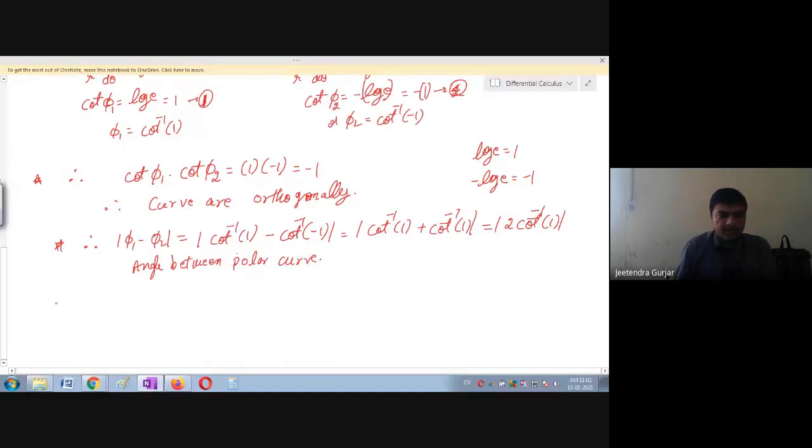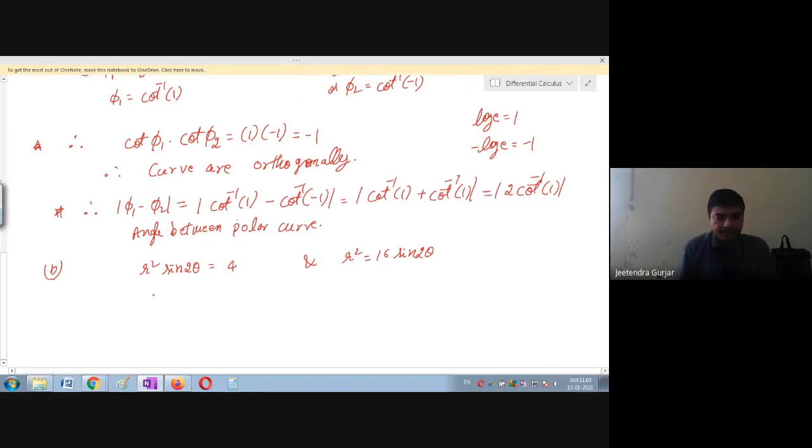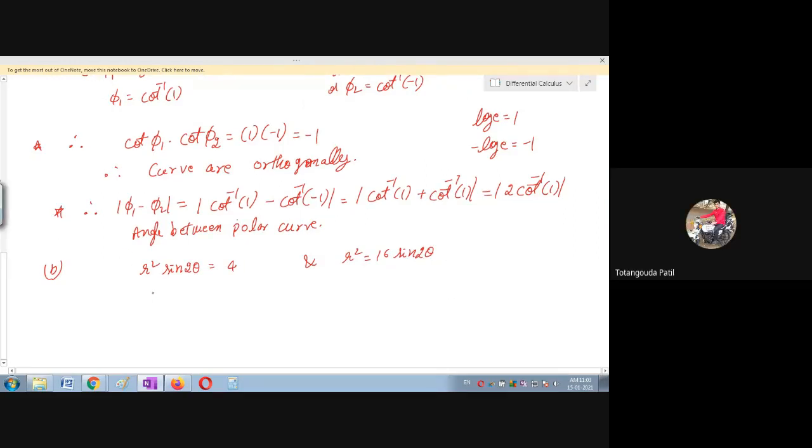So we'll start the second part, B. Here we have again r square sine 2 theta is equal to 4 and r square is equal to 16 sine 2 theta. Once again, students, you can see there are two equations. Can you tell me what the first step is that I have to do? Log on both sides.